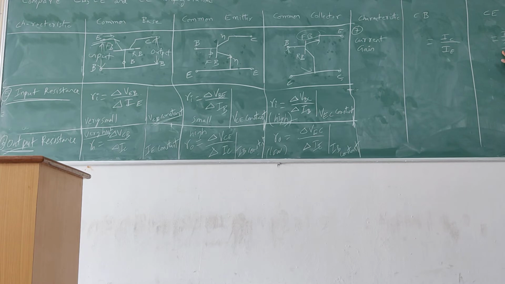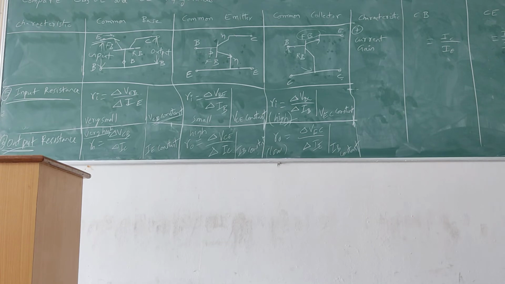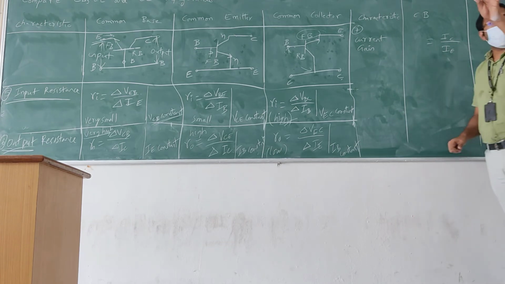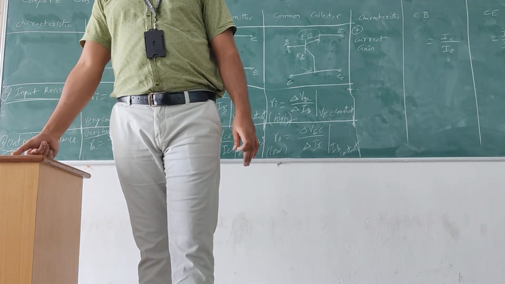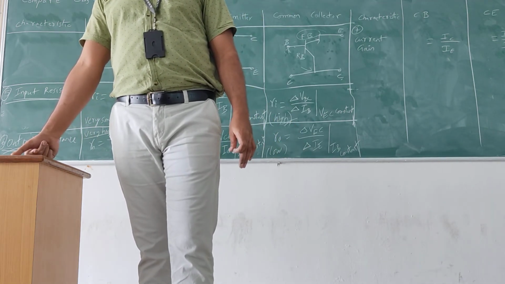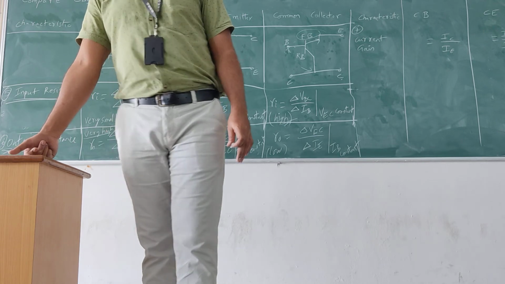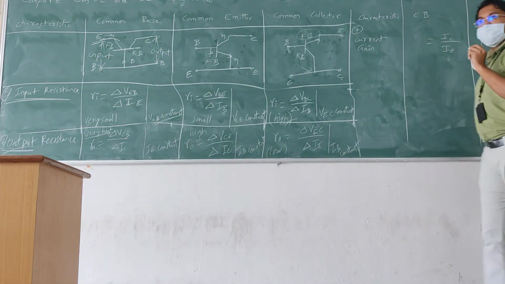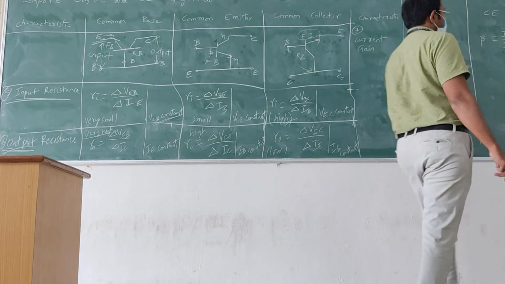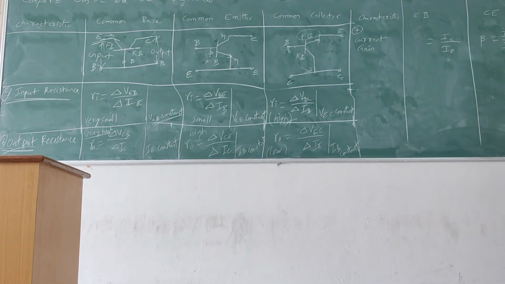Beta definition I told you in the previous class: ratio of collector current increment from cutoff to base current increment from cutoff. Neglecting ICO, beta is nearly equal to IC by IB. We have seen that in the previous class. Yes or no? It is there in your notes.